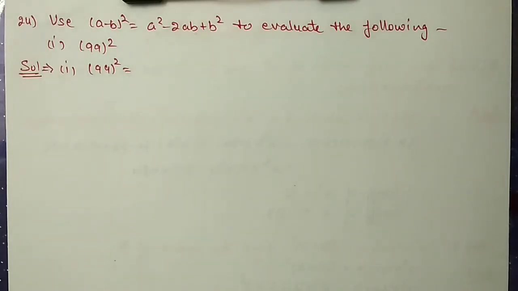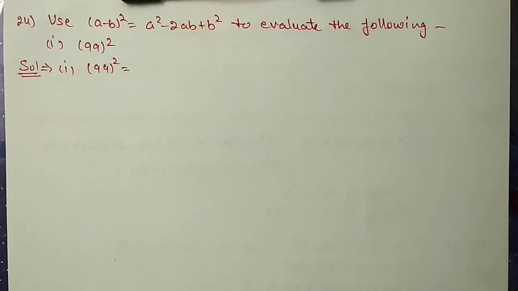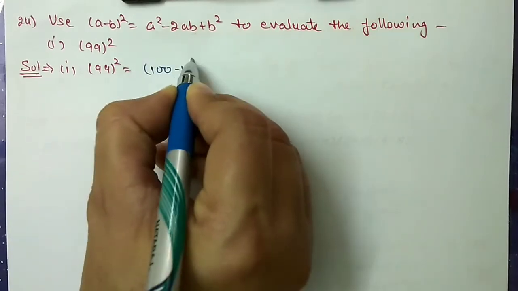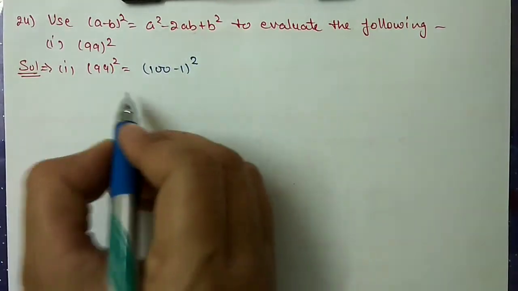Question number 24. Use (a minus b) whole square is equal to a square minus 2ab plus b square to evaluate the following. So first part we have 99 whole square. So this one also we will split into the easy number. 99 we can write as (100 minus 1) whole square. Apply the same formula here.